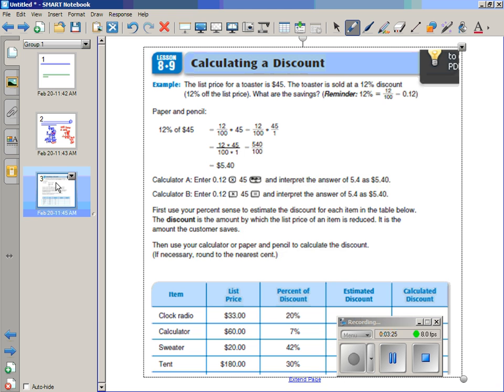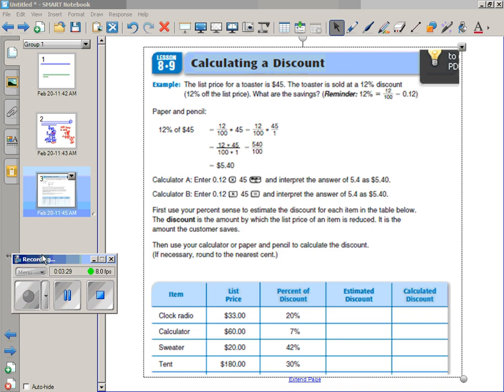Moving on here, I have a few different problems from a StudyLink book page that we are going to look at. So, up at the top, it says, example, the list price for a toaster is $45. The toaster is sold at a 12% discount. So that means 12% off or 12% of the list price.